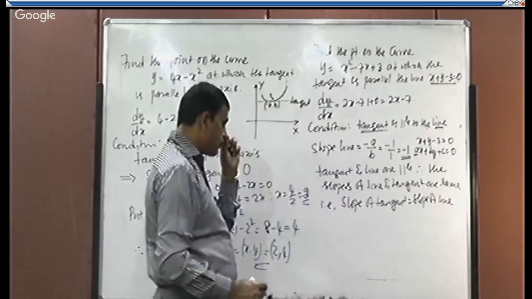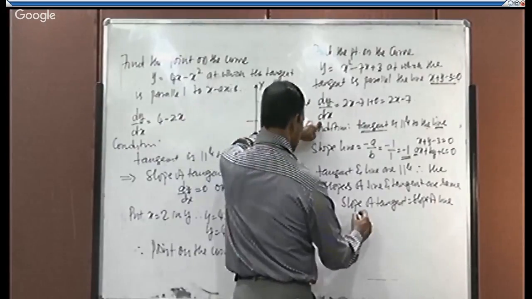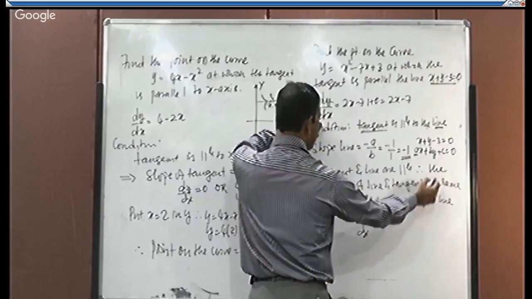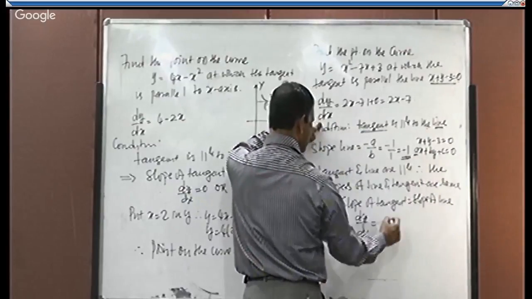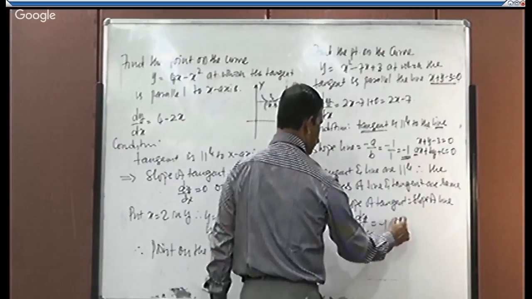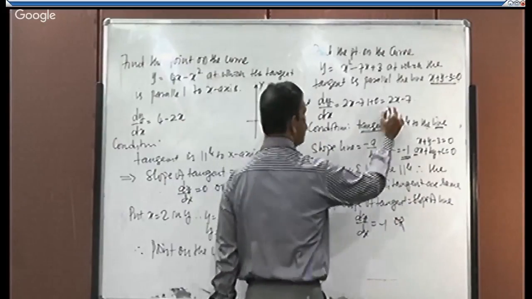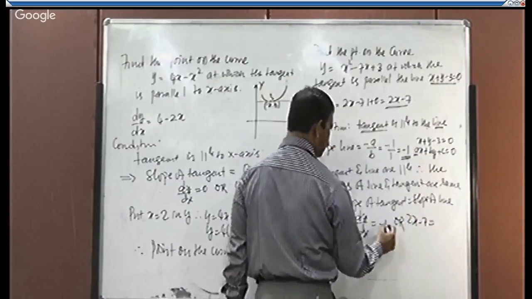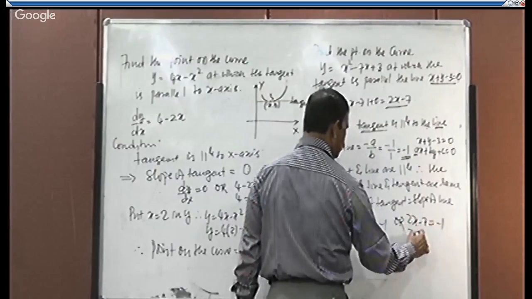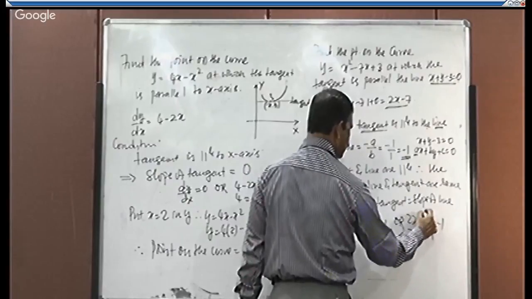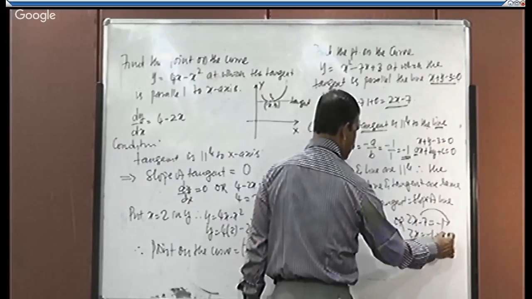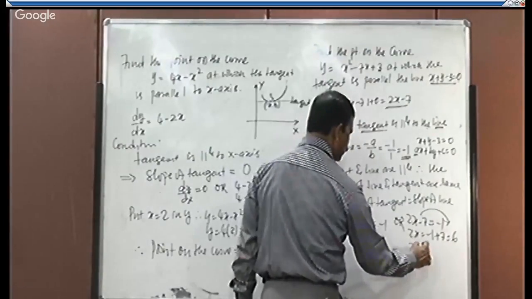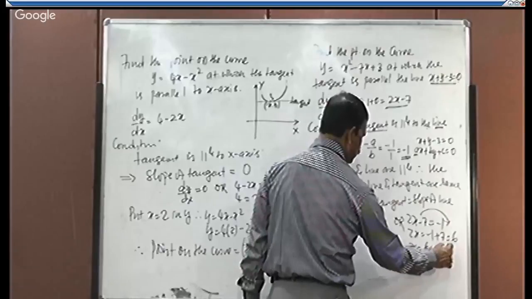What is slope of tangent? It is dy by dx. Slope of line is minus 1. So dy by dx is 2x minus 7 equal to minus 1, or 2x is equal to minus 1 plus 7, which is 6. Or x is equal to 6 by 2, which is 3.